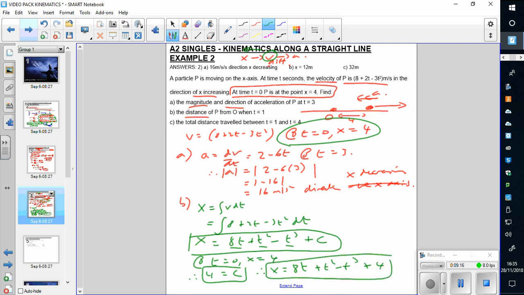And it wants the displacement when t is 1. So I literally say that t is 1, x will be 8 plus 1 minus 1 plus 4. So 12 meters from the origin, because displacement is already defined as distance from the origin. Okay?